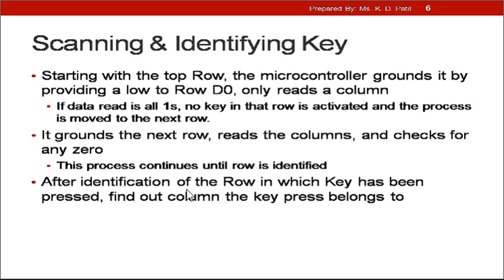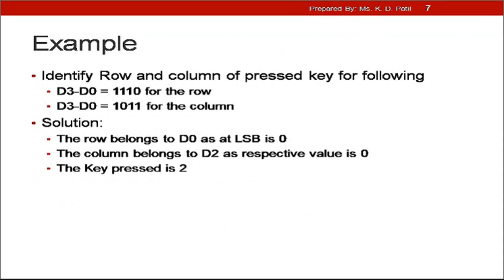After identification of the row in which the key has been pressed, the microcontroller will find out the column the key press belongs to. For example, let us identify the row and column of a pressed key. Now the value for D3 to D0 for the row is given as 1110 and the value for D3 to D0 for the column is given as 1011.